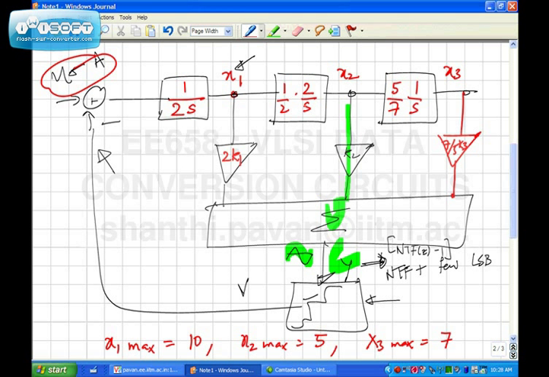Alright, and what should I do? What else should I do? I should multiply, make this 2k2 and two times 5/7. Does it make sense?